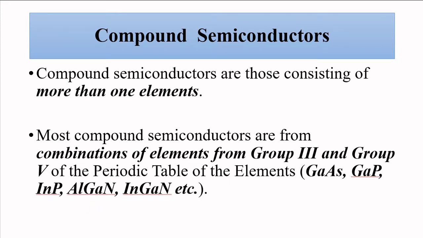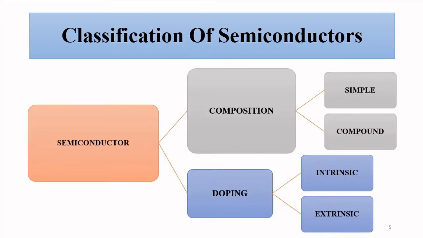Then on the basis of doping. Doping is the process of addition of foreign substances or impurities, as they are called, to enhance the conductivity of semiconductors. On the basis of that, we can divide semiconductors into intrinsic and extrinsic semiconductors.